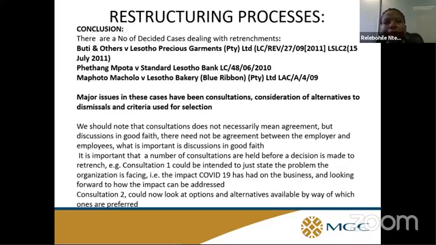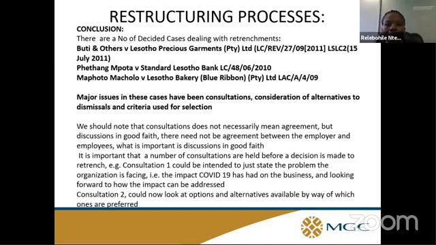What are normally referred to as retrenchment packages is where you find that an employer says, as we consult, there are other employees who are saying, because I was already going to retire, I volunteer myself for this retrenchment.